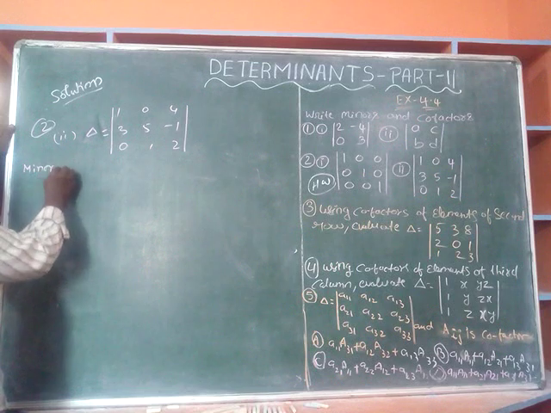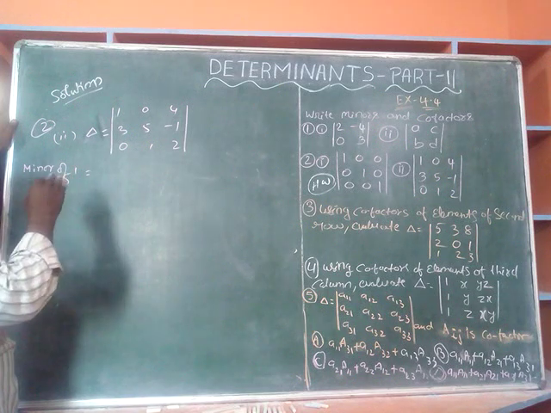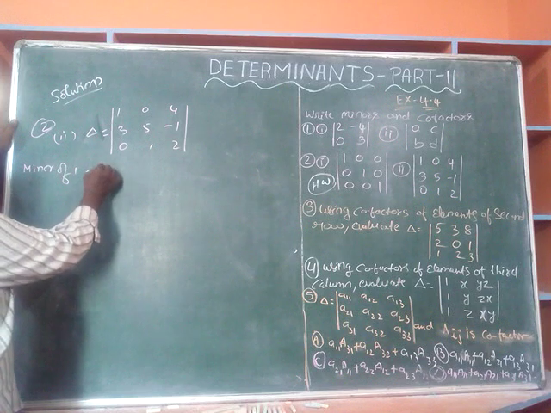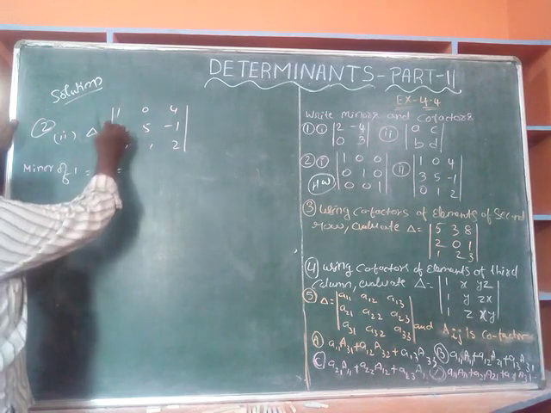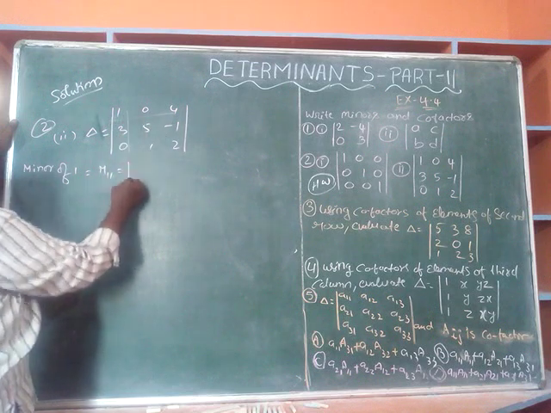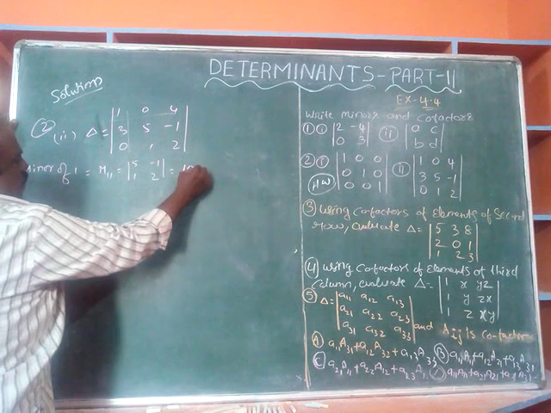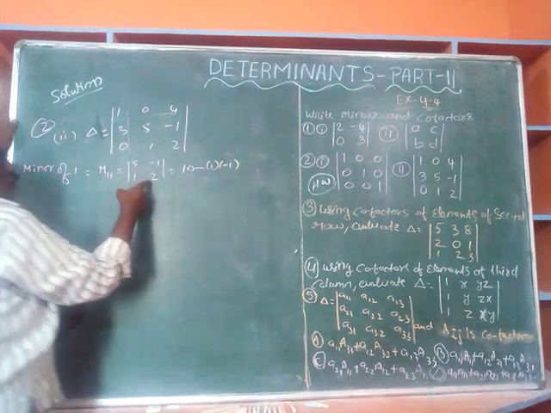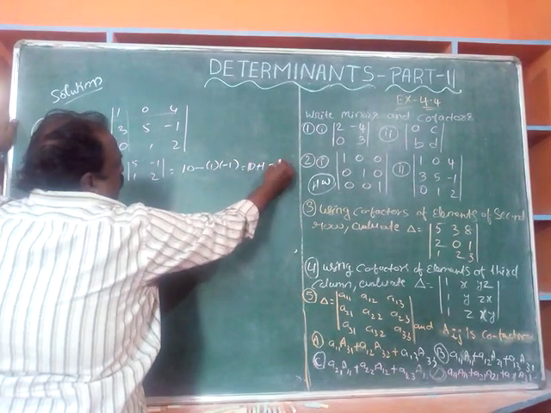Minor of 1. Directly, without expanding, I am going directly. It is M11 because first row, first column. After deleting, we get 5, -1, 1, 2. This is 10 minus (-1) into 1. 10 means 5 into 2. That is 10 plus 1, that is 11.